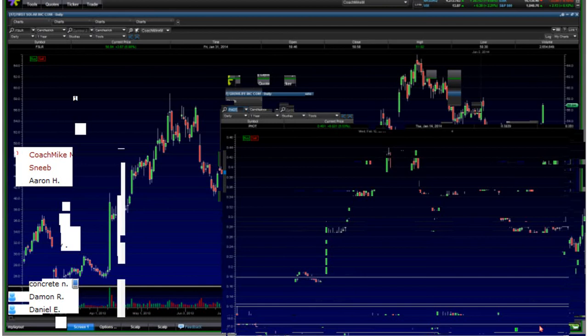But let's look up until that point. Was there ever reason to sell PHOT if you got it anywhere lower than this line right here? Ever a reason?